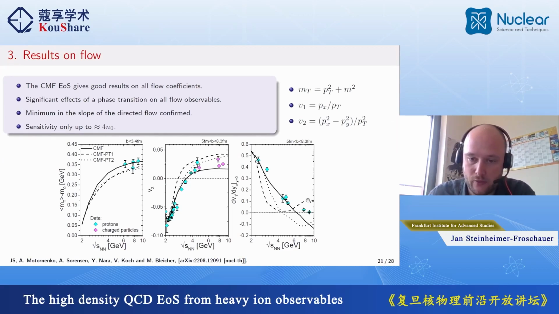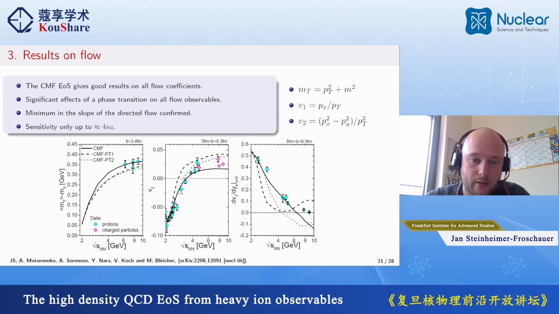And we also find that if we put the phase transition in the transport model, no hydro, full non-equilibrium transport model, you also get this minimum, which was expected, but it's much, much stronger than you would expect from the data. On the other hand, we also see strong effects on the elliptic flow.